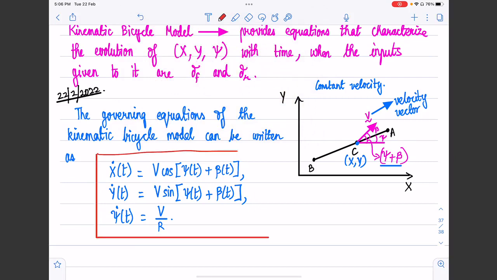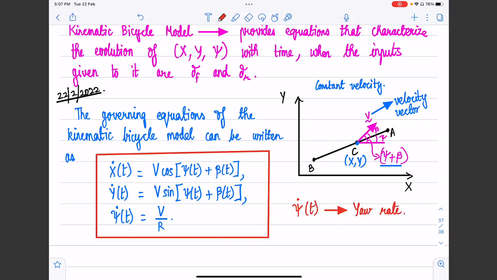So we have an evolution equation for x, y, and psi. Please remember psi dot is called the yaw rate. This is the time rate of change of the yaw angle.